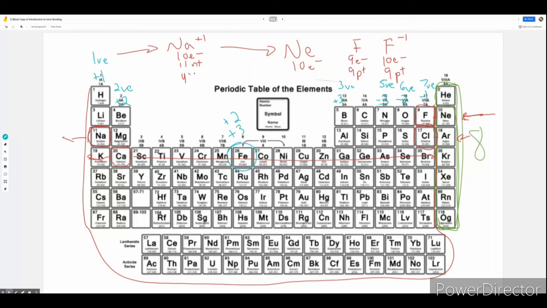But as a rule, I was trying to give you the rule, and there are exceptions, but if you use this setup, +1, +2, +3, and then over to -3, -2, -1, that will do it 95% of the time, if not more, when you're trying to figure out the charges, and that will go into what we do with formulas and compounds.